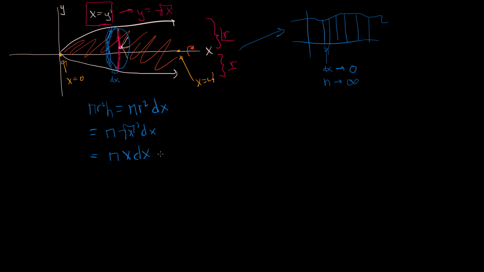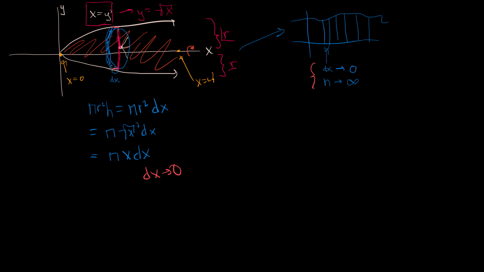And we can use these principles that we were talking about earlier, which is that we want dx to go to 0. Because as dx goes to 0, if we have a bunch of these cylinders that we're separating this into, our approximation of the volume at one particular section gets more and more accurate. This does make some assumptions, because generally, if you have a cylinder, this side needs to be parallel to this side, right?